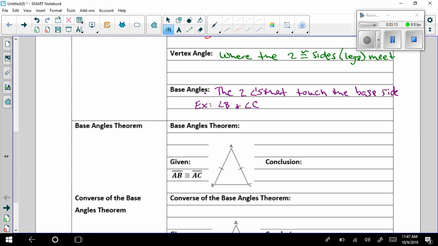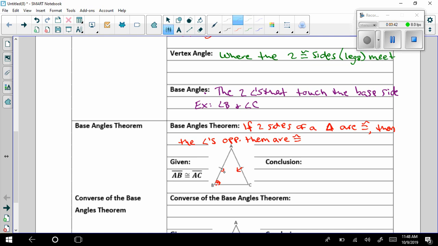So your base angles theorem states if two sides of a triangle are congruent, so essentially if it is an isosceles triangle, then the angles opposite them are also congruent. Opposite in any polygon that we talk about means across from. So this side here is opposite to this angle here.